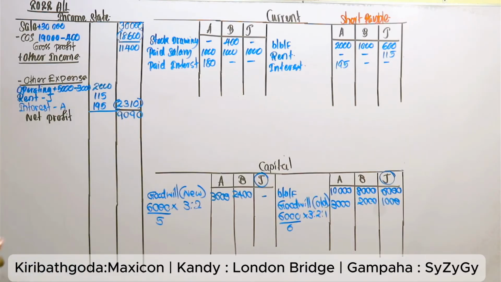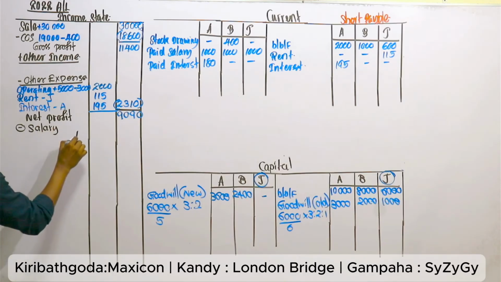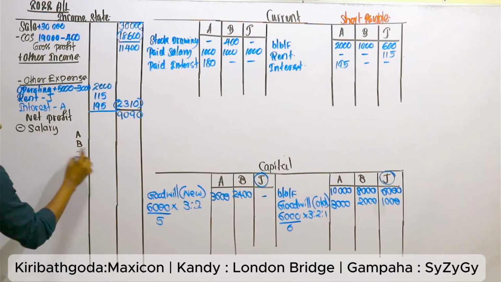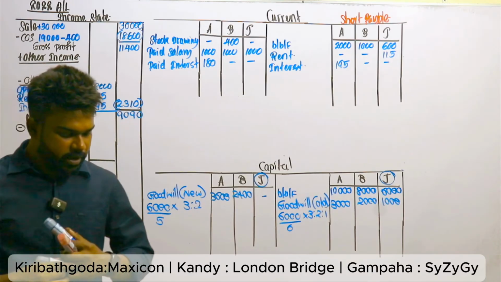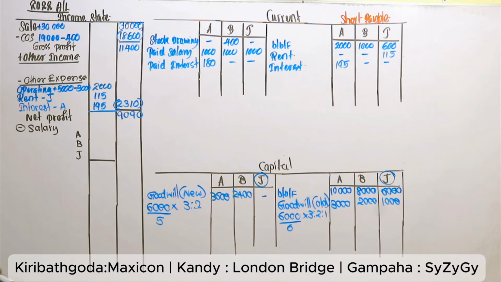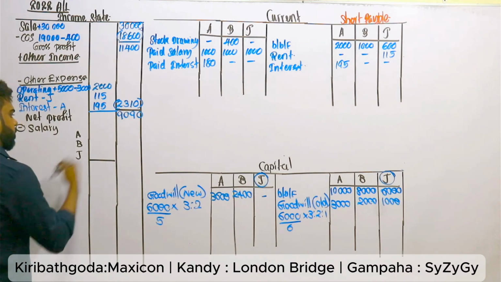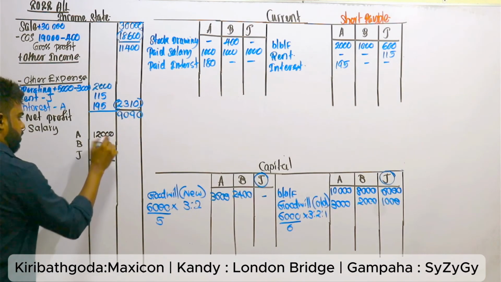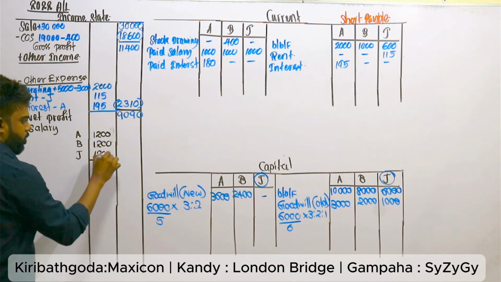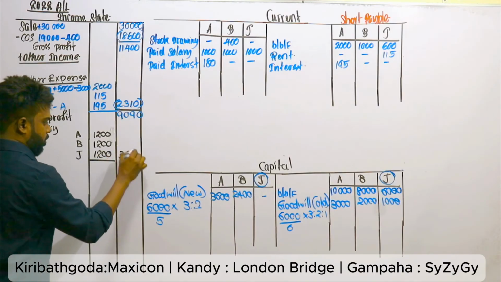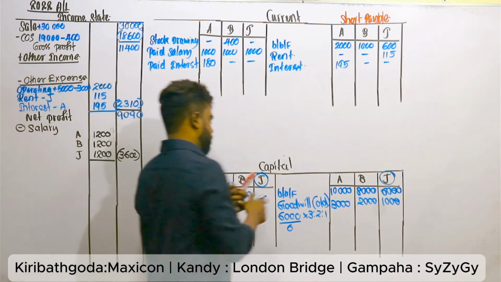Tell me, 9,090. Right now you have to provide the benefits to all partners, because Jaini as well. Salary is deducted and payable to partner. Look at the agreement. Annual salary each partner 1,200. Deduct it. Then payable to partner.